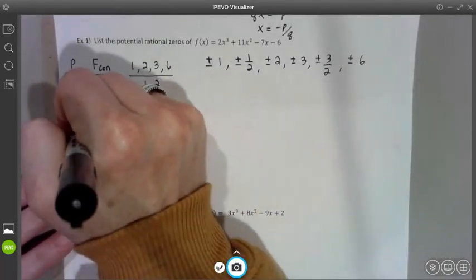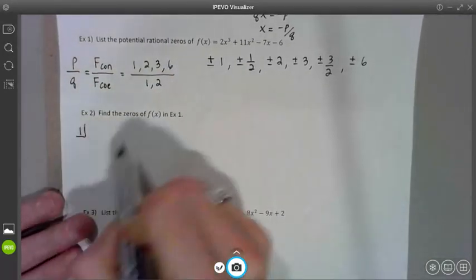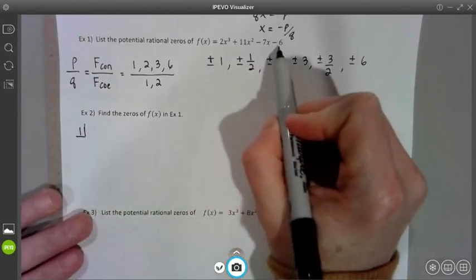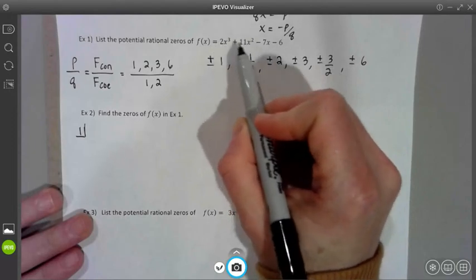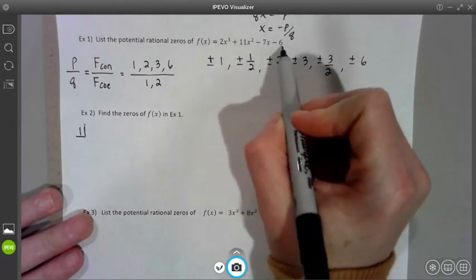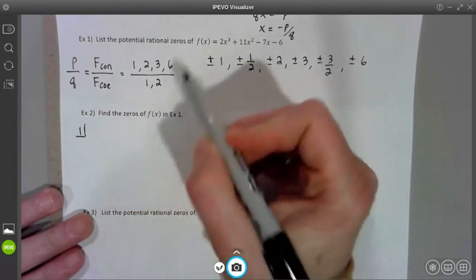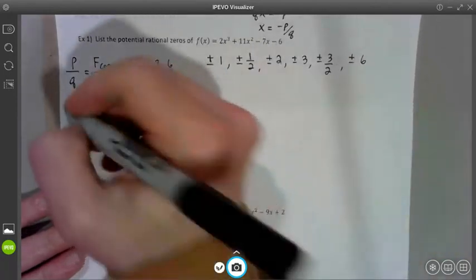All right. So if I use positive 1 as my magic synthetic number, as my potential 0, let me go get my coefficients so I can do my synthetic. Remember, with synthetic, you have to look for missing terms. So I have an x cubed, an x squared, just x, and just a number. So I'm not missing any terms, so I won't be needing to fill in any zeros as my coefficients. So I need 2, 11, negative 7, and negative 6.